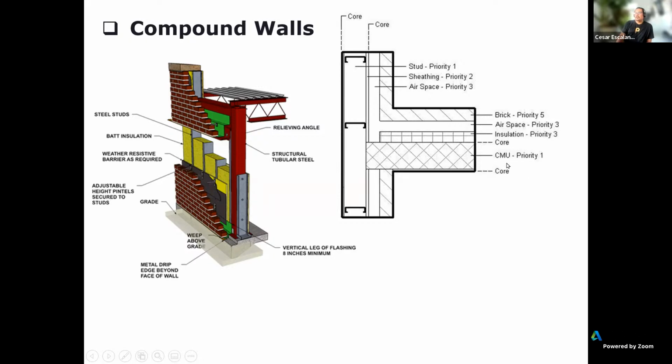The core of these 2 partitions, this is metal stud and this is CMU. They both share the same priority number, but they have dissimilar materials. And when they connect in a corner condition, they only abut, but they do not merge. And so that is the purpose of the priority number.